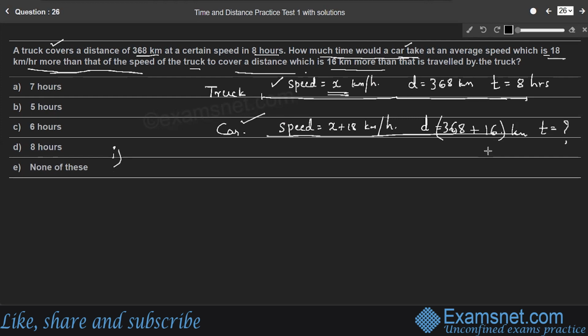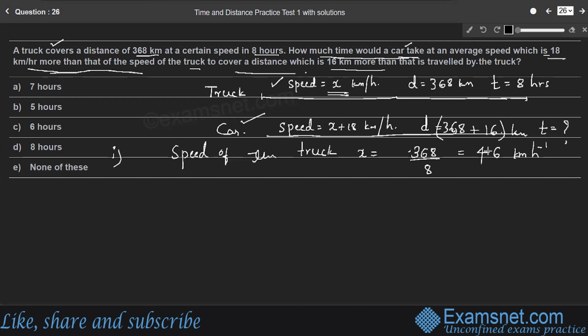Depending upon the value of x, we can easily find the speed of the car. So in the first case, the speed of the truck, x, is equal to distance by time, so 368 by 8. 8 into 4 is 32, 8 into 6 is 48. So 46 kilometers per hour is the speed of the truck.